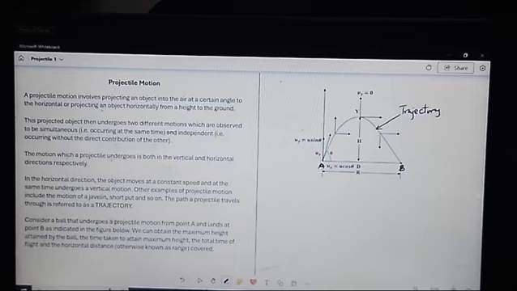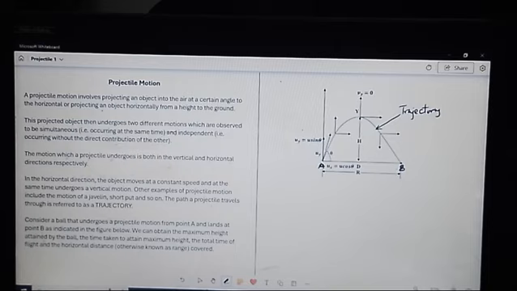You can get the horizontal distance covered by the object, which happens to be the horizontal range. Or we can talk about the time it takes the object to attain maximum height, that is the time it takes the object to move from point A up to this point Y, and also the total time of flight. The total time of flight is the time taken for the object to move from this point A, the point of projection, to where it touches the ground again, that is point B.